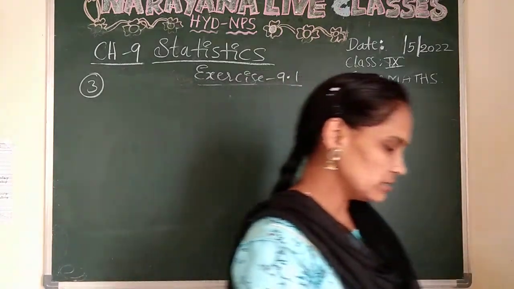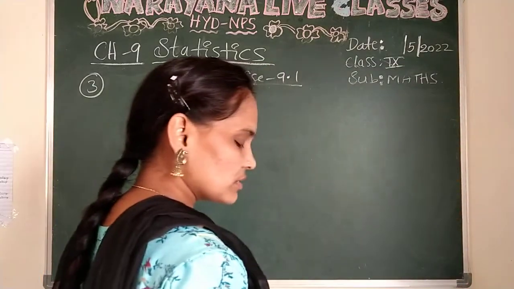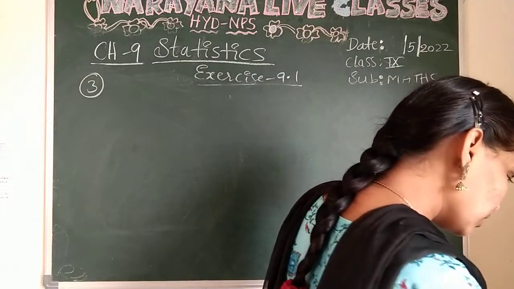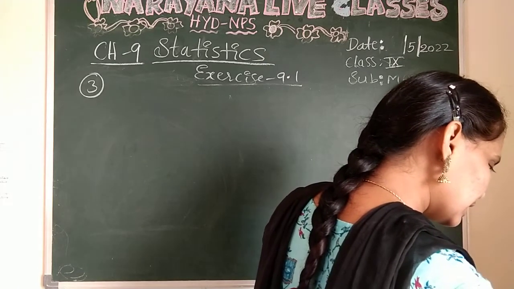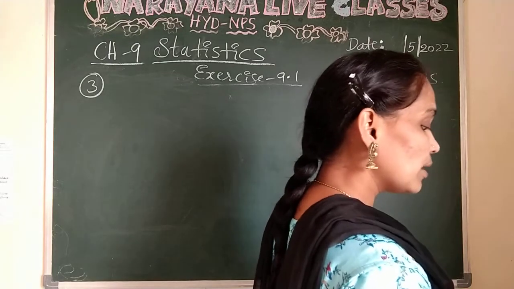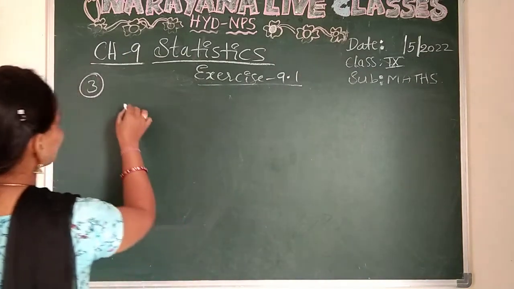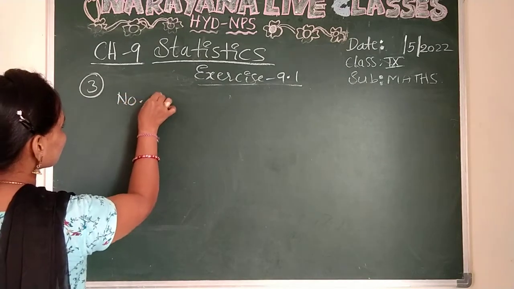Okay, very simple, no? So here number of heads and frequency. Each time the number of heads occurring was noted down as follows. Number of heads we should write, and frequency.